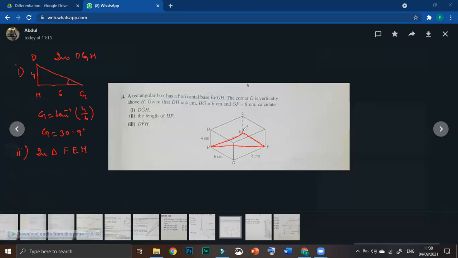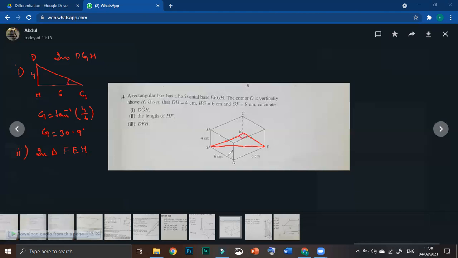Now, E is one corner, F is one corner, and H is the other corner. You have joined H with F. Look at your floor. Now we are working in the triangle HEF. Which angle is 90 degree? Look at your floor and tell me which angle is 90 degree. In the triangle HEF, which angle is 90 degree? E. Yes.